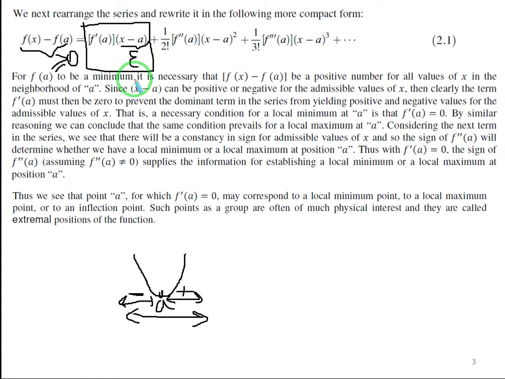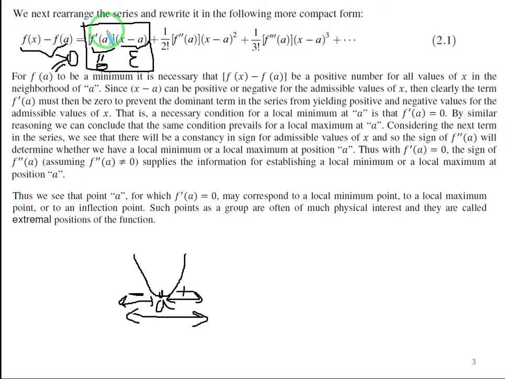and in the same way, we can say that the left-hand side of this equation changes its sign in the neighborhood of a. And if we don't want this to happen, we conclude that f dash a must be 0, or this number must equal 0.